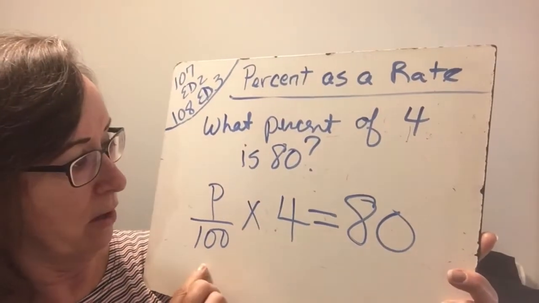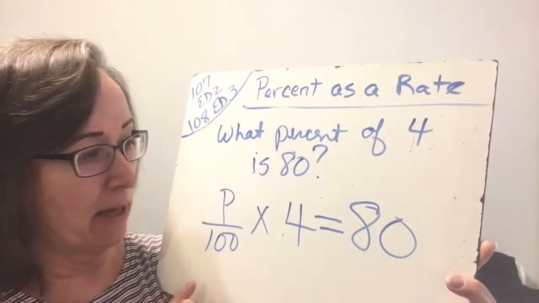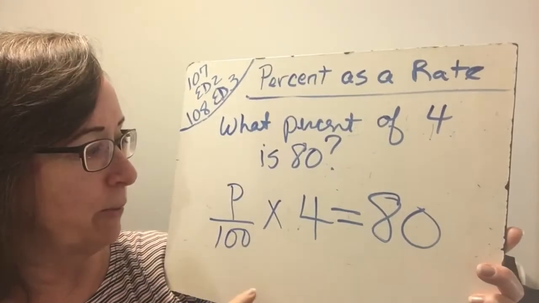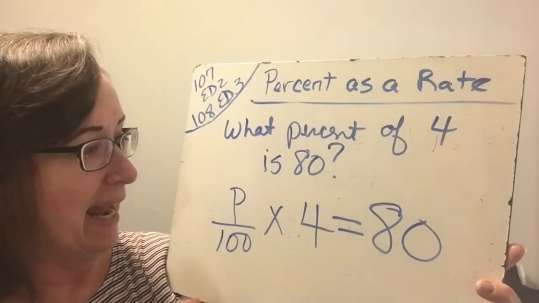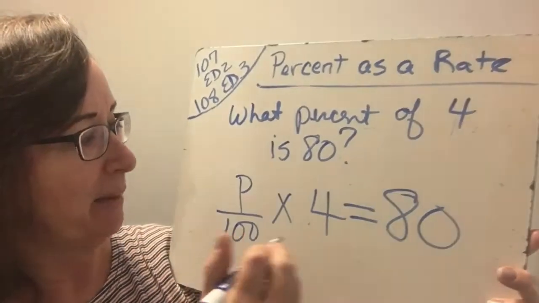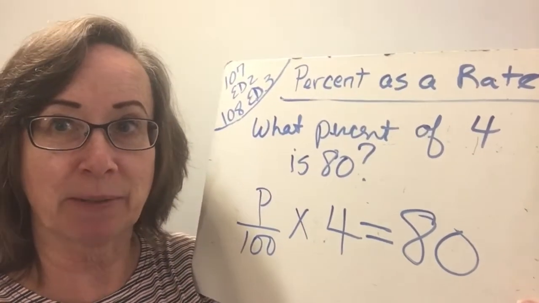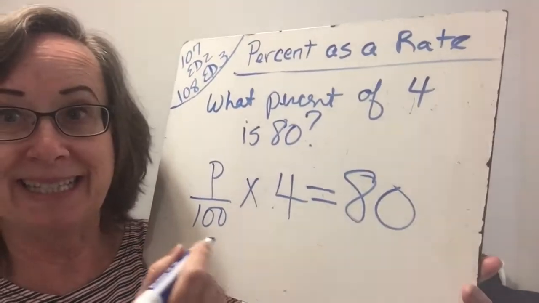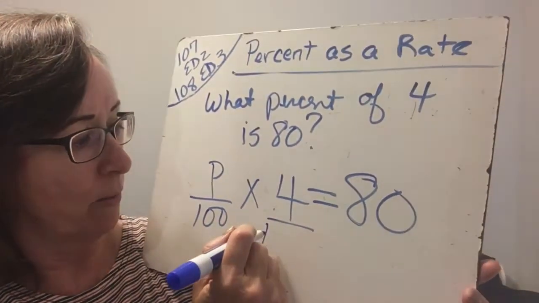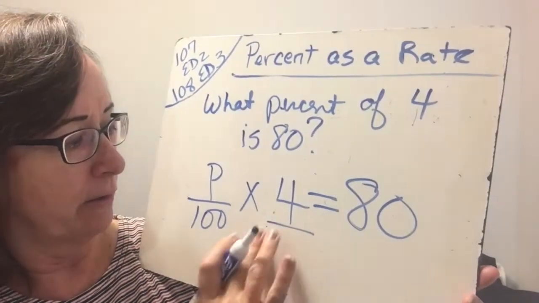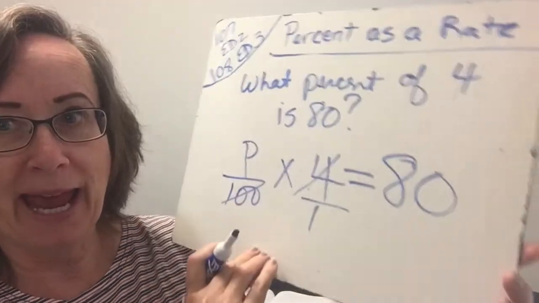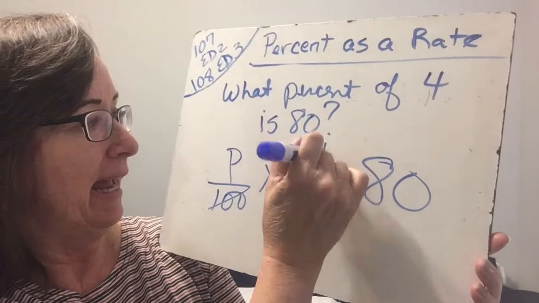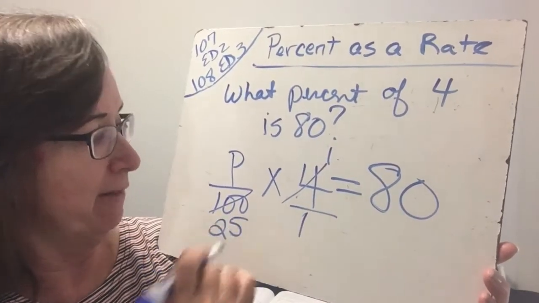So now we need to get P by itself. So here I showed you how to do it in the last one, but let's go ahead and do it a little differently this time because it's very flexible. Okay, so instead we're just going to put the 4 over the 1 here, and we're going to cancel the 4 and the 100, and we're going to get 25.